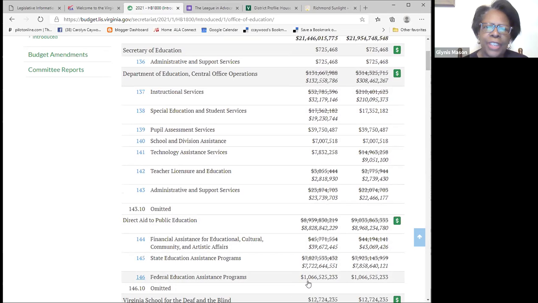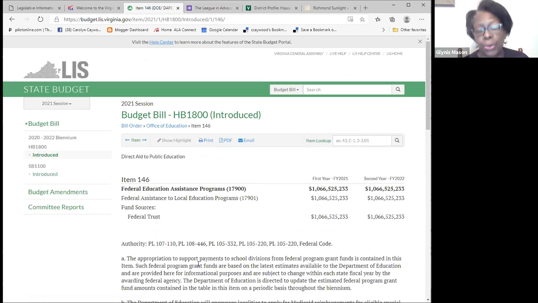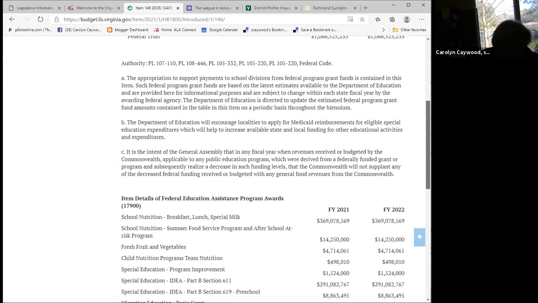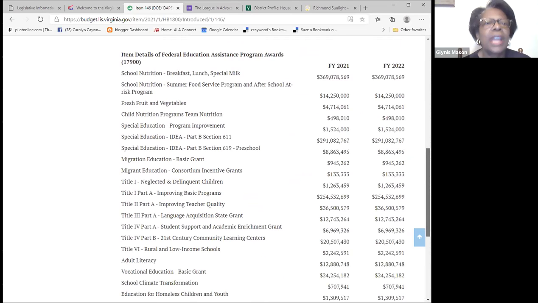Heavens, that's $1 billion. And the figures will be distributed throughout the state. And it probably outlines how. See, there's nutrition in here. Okay, I see. Thank you.